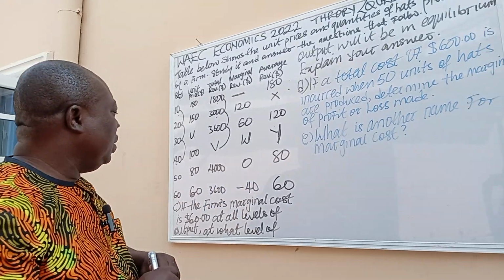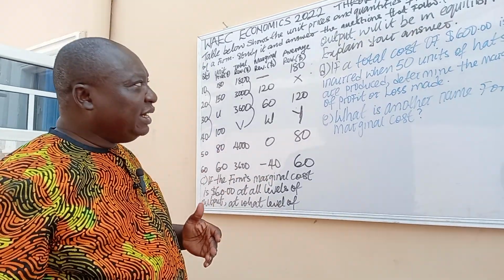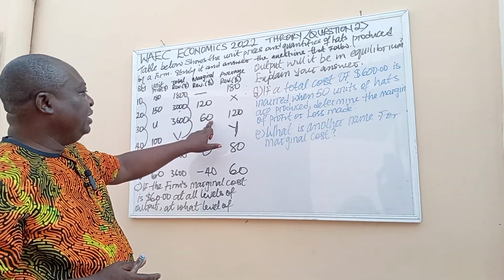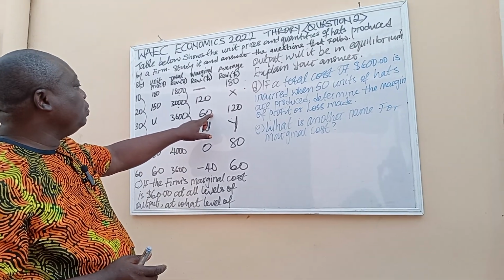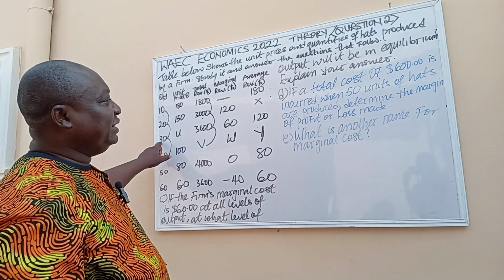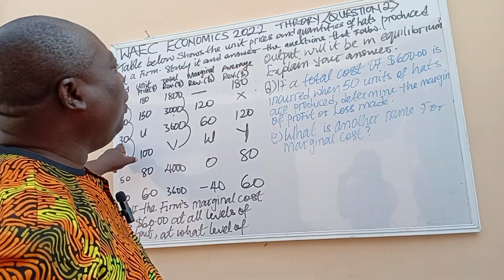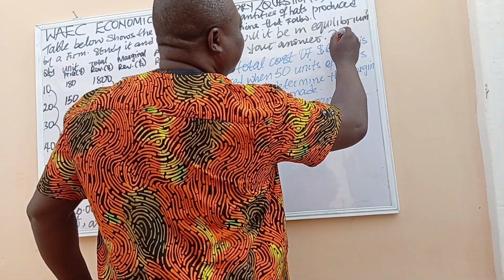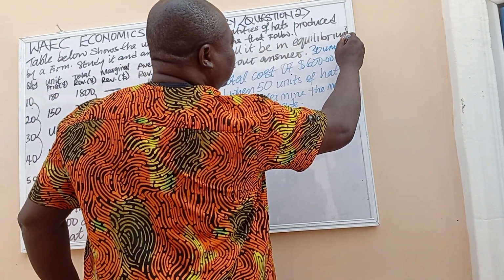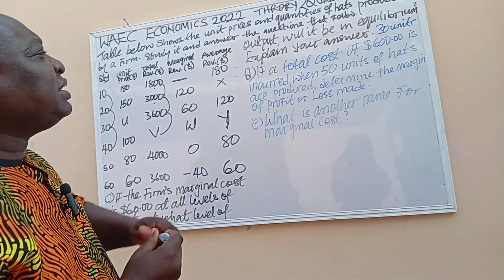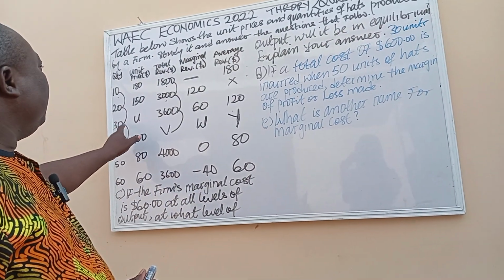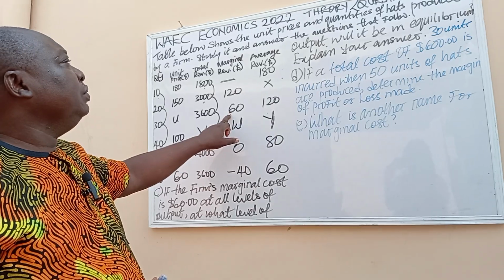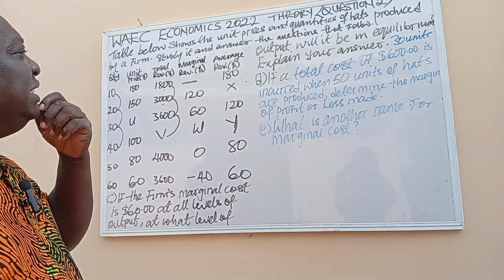If 60 is marginal cost, where do we have 60 here? Here. At which output? Trace it, 30. So the answer for question C is 30 units. Because at 30 units, marginal cost, which is 60, is equal to marginal revenue, which is $60. So we go to D.